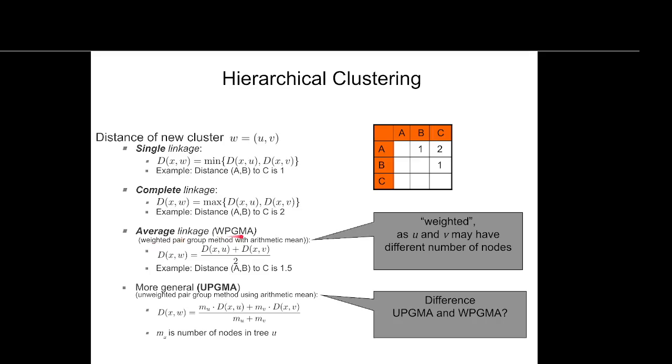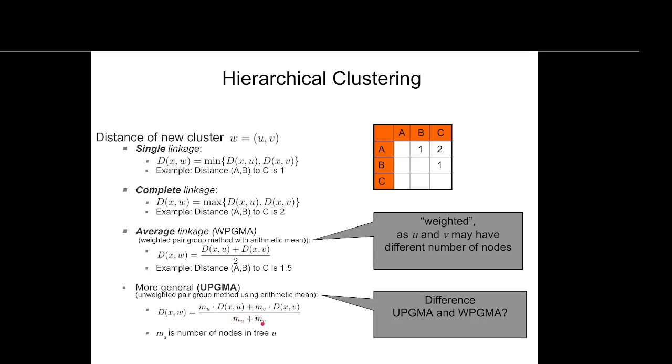Why am I saying it? Because there is an alternative method that is called UPGMA, unweighted pair group method using arithmetic mean. And the unweighted method is actually using weights, so that's pretty confusing. What it does is use as weights the size of the nodes in the cluster. So if U has many, then it also gets multiplied here by a large weight, and if V has few nodes in it, it gets multiplied only by a small number, and then you divide by M_U and M_V.